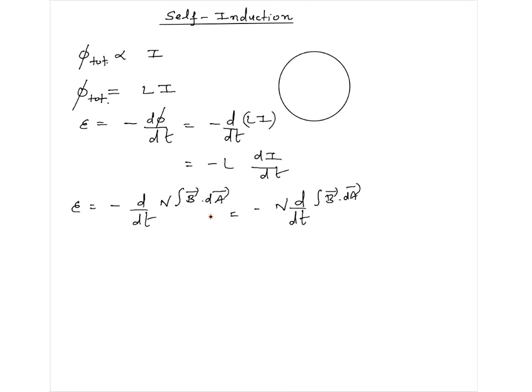In fact, this is the way we find L for some system. We say that E is minus d dt of n times integral B dot dA. And we also say that E is minus L di by dt. This is how we find L.